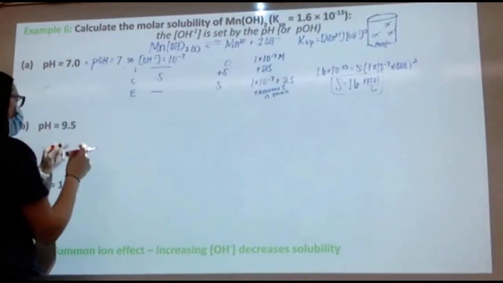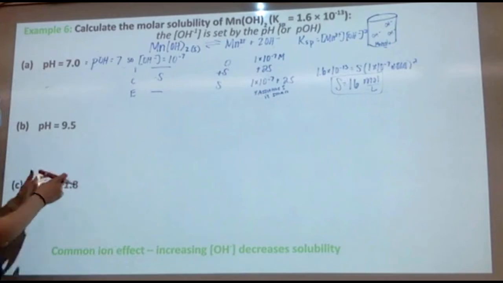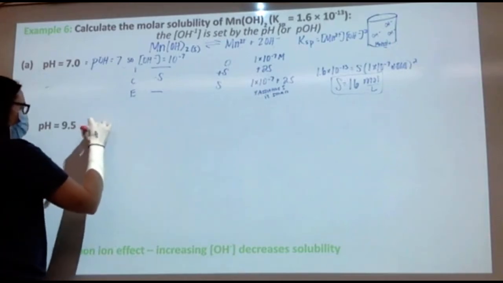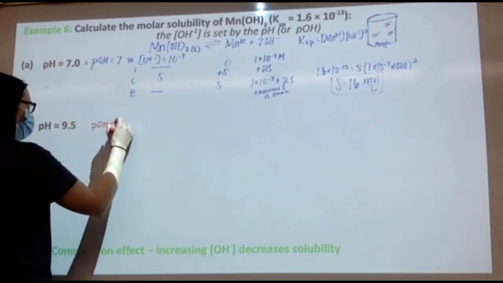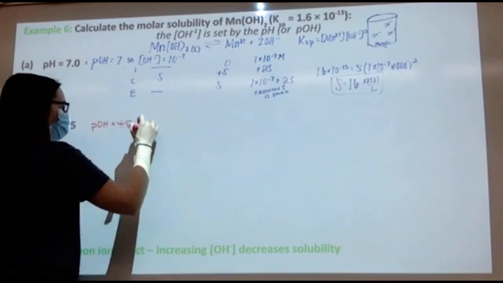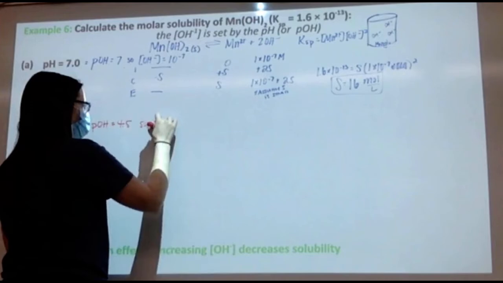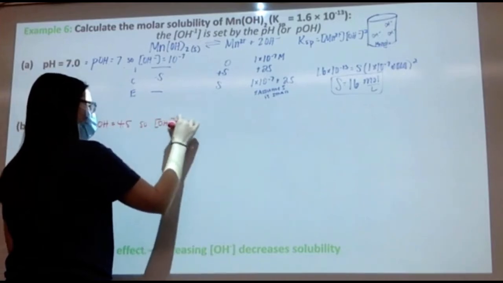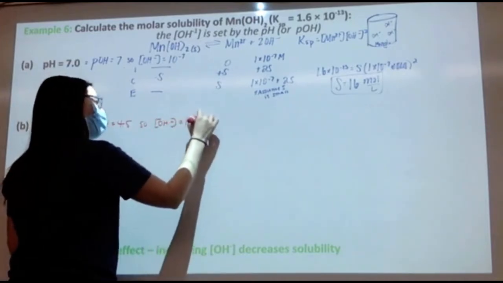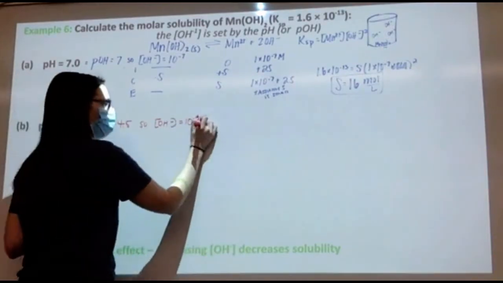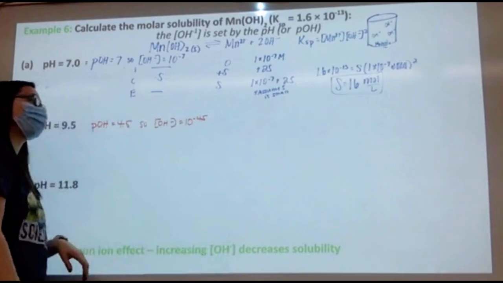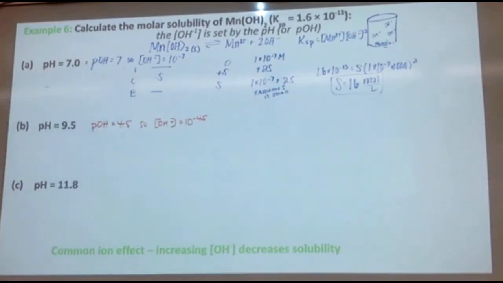But if the pH is 9.5, what would that make the pOH? 0.5? So the OH minus concentration is 10 to the negative 4.5, because remember, 10 to the negative pOH is how we can find the concentration.